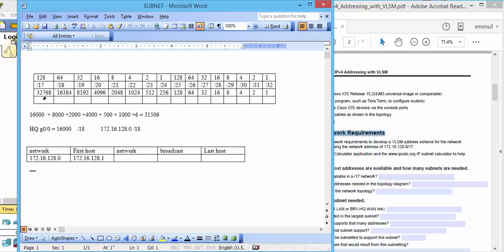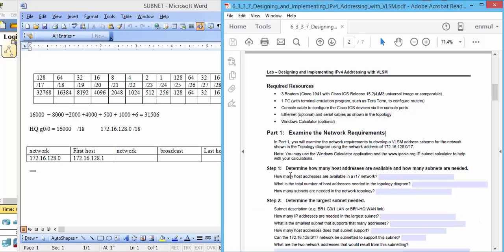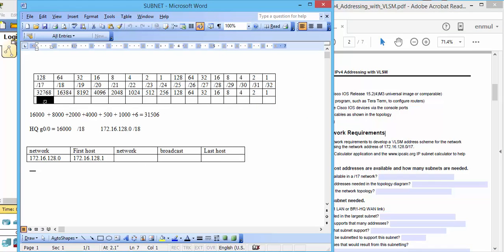So we have only 32,766 hosts. So when the question is how many host addresses are available in a /17 network, the answer is going to be 32,766.